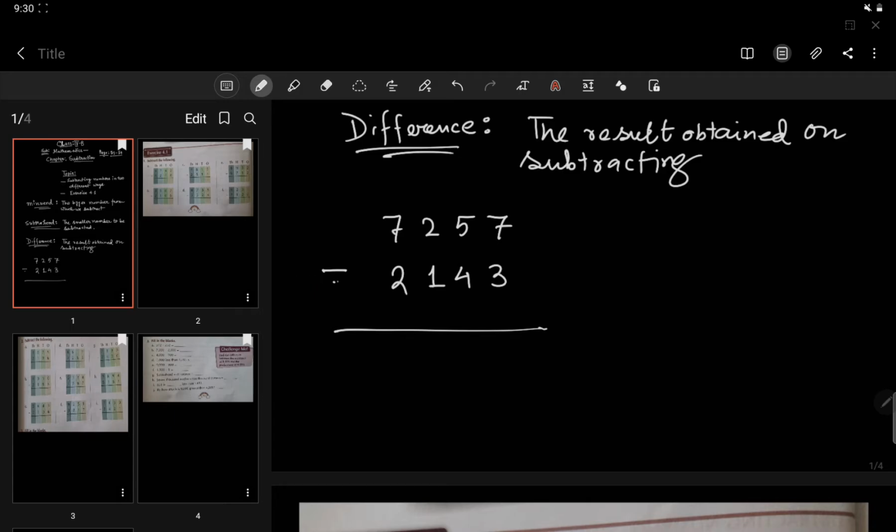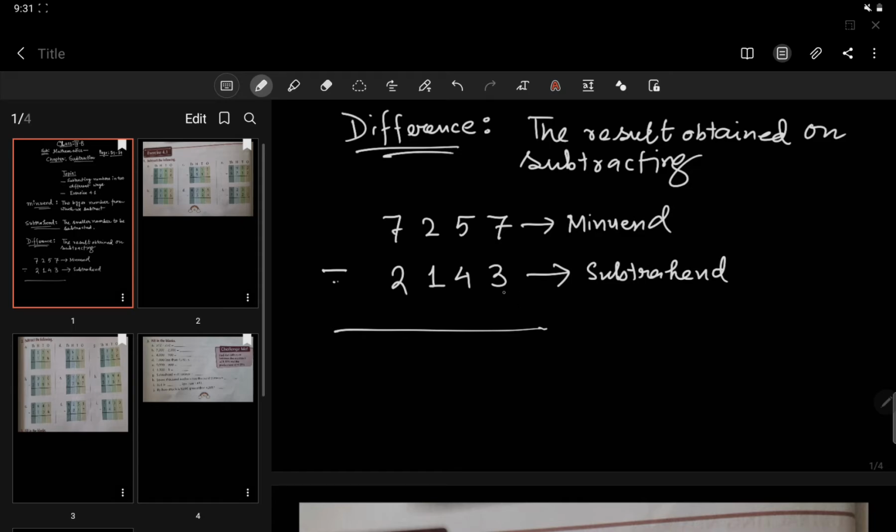So you have to subtract these two numbers. This number is bigger than the second one, 2143. So 7257 is called, yes, minuend, and the second one will be subtrahend.